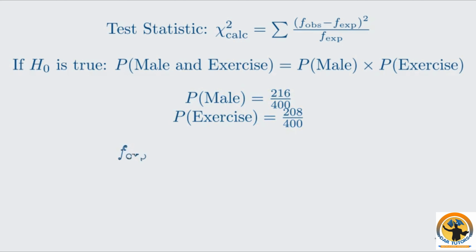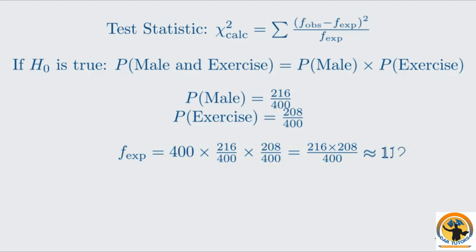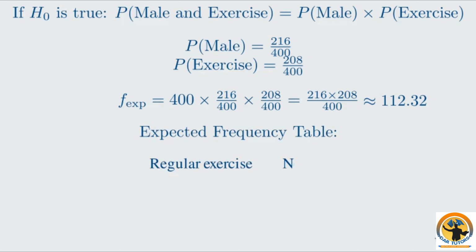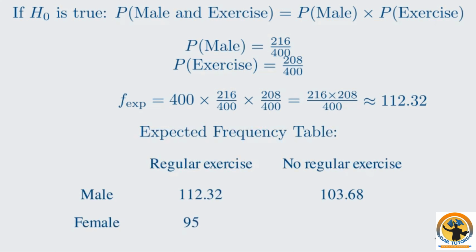The expected number of males who exercise regularly is the total number of people, 400, multiplied by this probability, which simplifies to the row total times the column total, divided by the grand total. This gives us an expected frequency of 112.32 for that cell. We repeat this calculation for all 4 cells to create a complete table of expected frequencies.